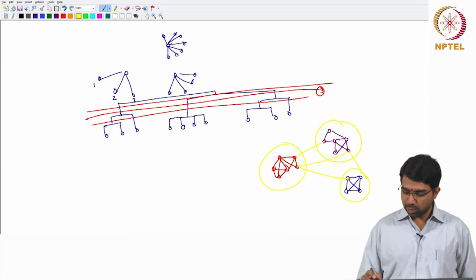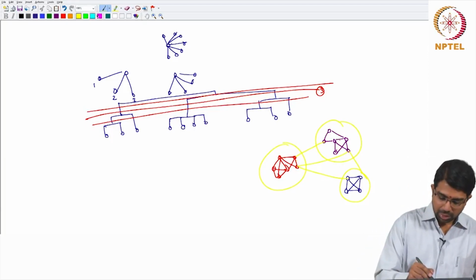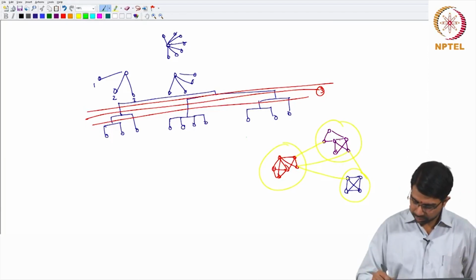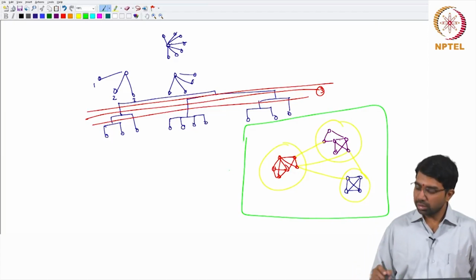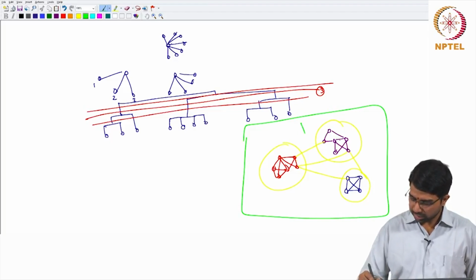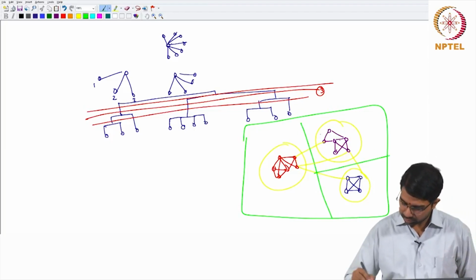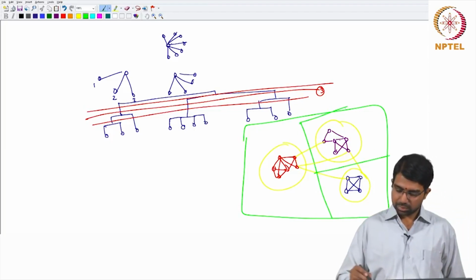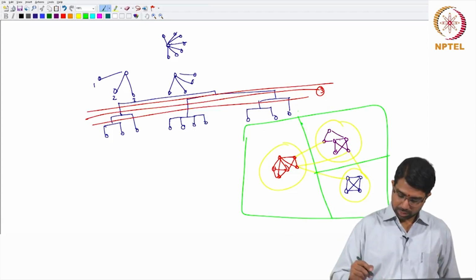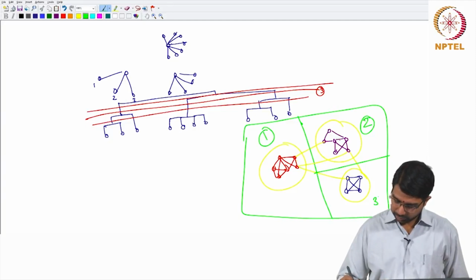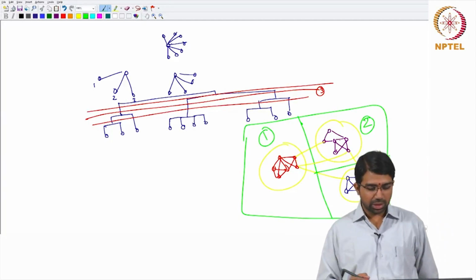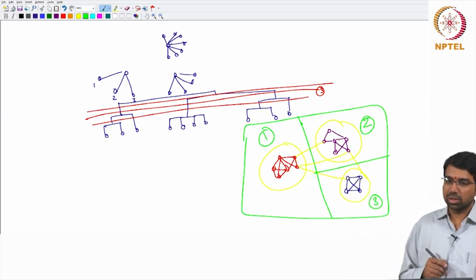Now, if you threw this community back at your algorithm, it should fish out these communities again. So, there are 3 communities here. In fact, this is how Girvan and Newman tested their algorithm and reported it.